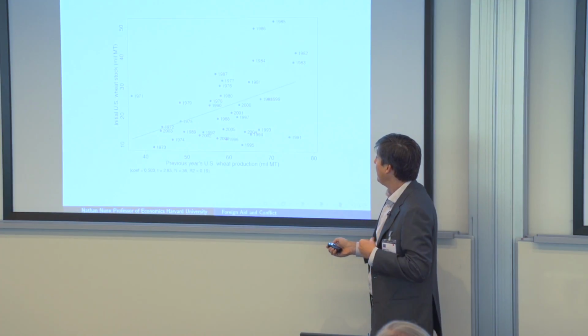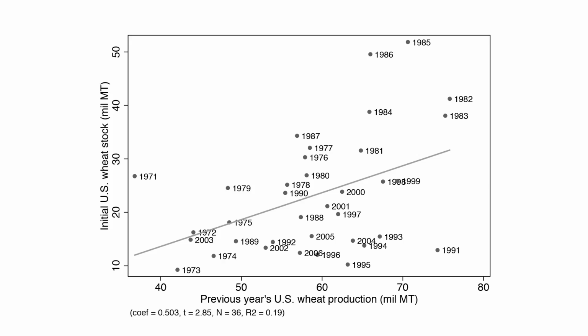Okay? And so this is aggregated across different years in the US, 1971 to 2006, which is all the data that are available. This is previous year's wheat production in the US, and then these are wheat reserves, right? So if we grew more wheat last year, then the reserves are higher this year. Okay, so this makes completely logical sense in terms of the storage of wheat.